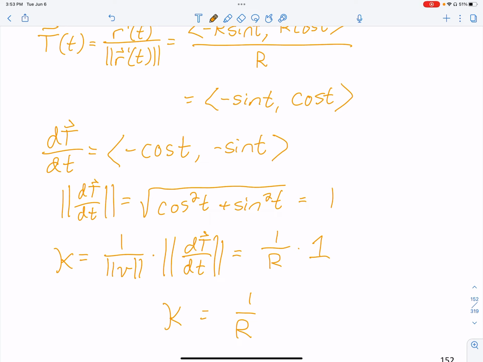That's actually how we base things. We think about curvature using a circle: how close is it to that? Using that and the discussion we had earlier. So there we go, that is the curvature of a line and the curvature of a circle. We're going to do other curvature things throughout this lesson. A lot of these will just be following the definition. The annoying part is going to be the algebra simplifying.